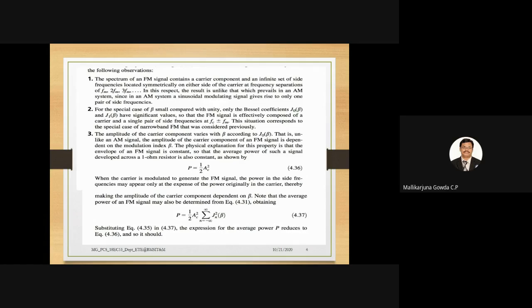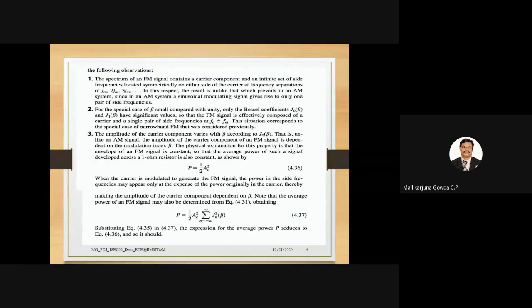Yes, sir. So in what way is this wideband FM different from the standard AM or the narrowband FM? For a single tone modulating signal, standard AM or narrowband FM has only one pair of side frequencies, right? But this wideband FM has n number of side frequencies.